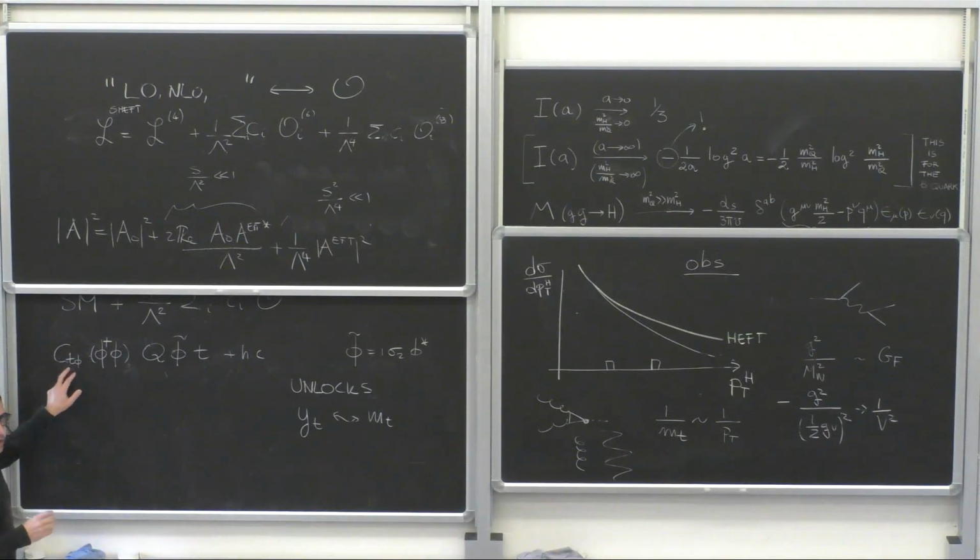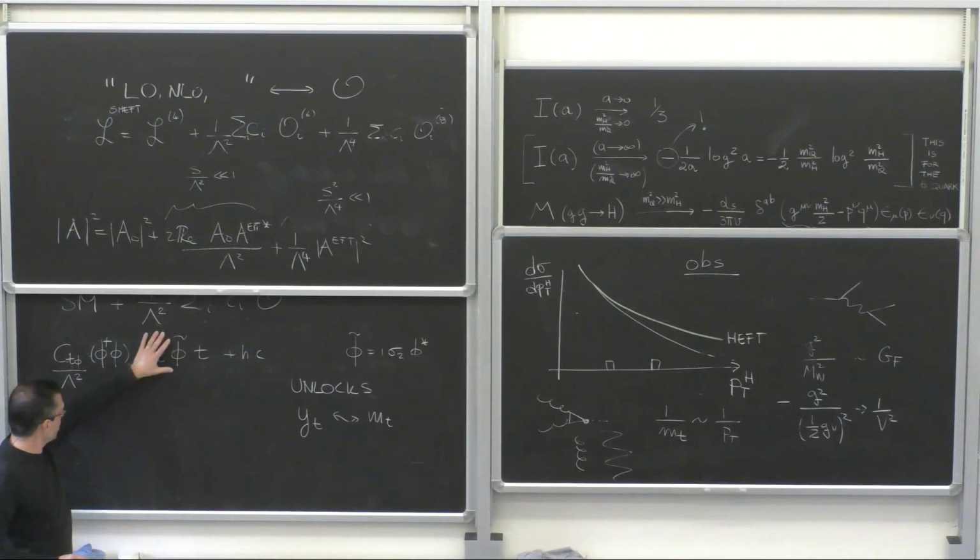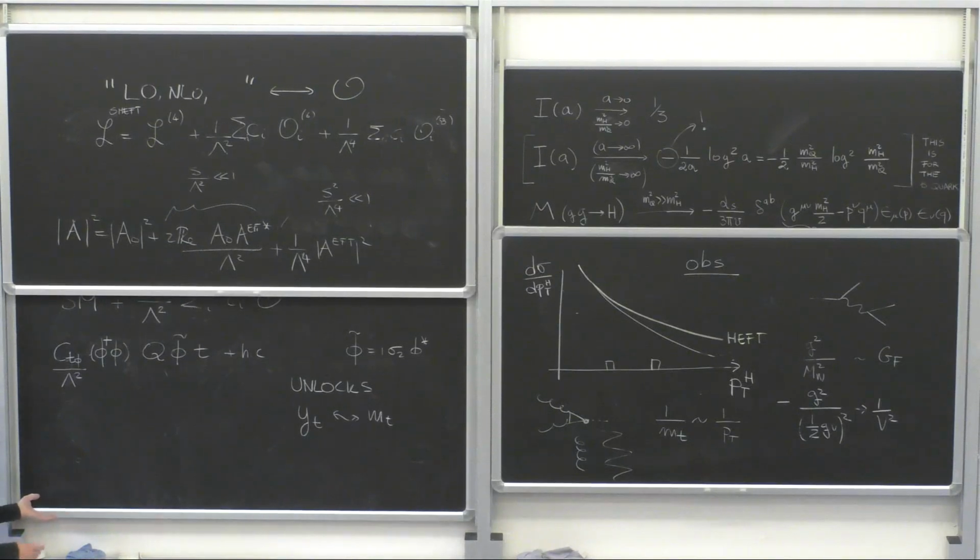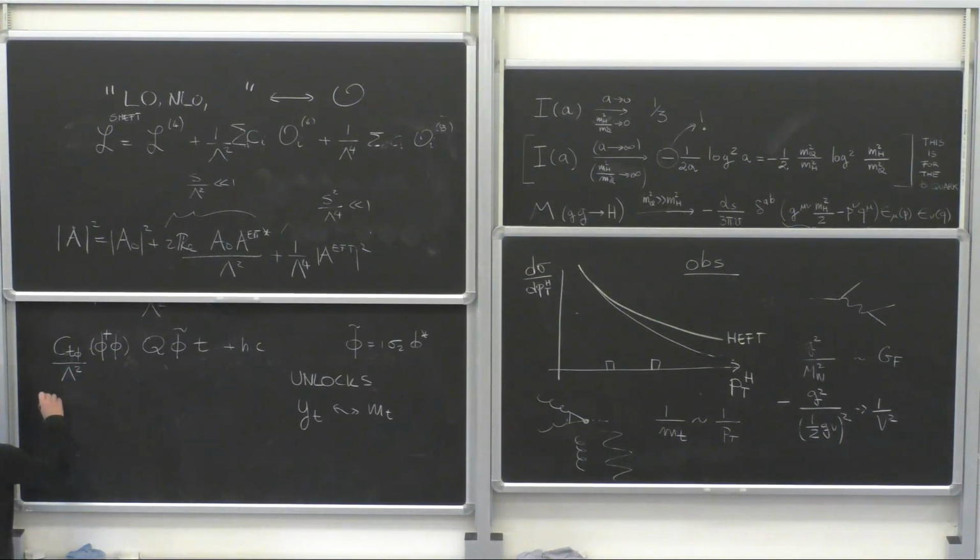There are actually two different operators in SMEFT, but it doesn't matter now. So I add this operator, which is the brother or sister of the Yukawa, which is only this one. And what does it do really at the end? Well, again, what I do, I put it in the unitary gauge formulation of the Higgs.